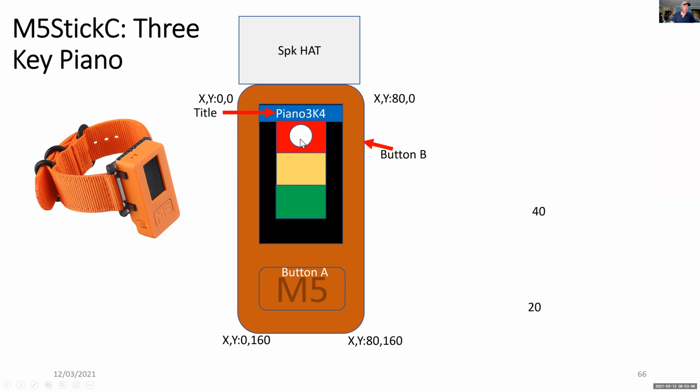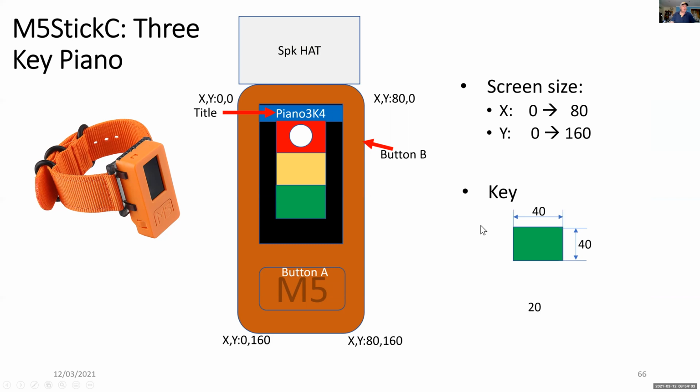And we want to move the circle every time we push button A. So remember, button A is here and button B is over there. Now, there's our screen size, and our key size is 40 by 40. Doesn't quite look like the square here, but it should appear as a square.